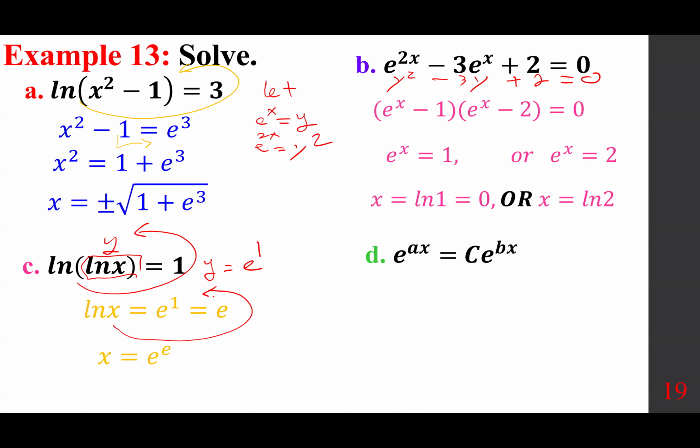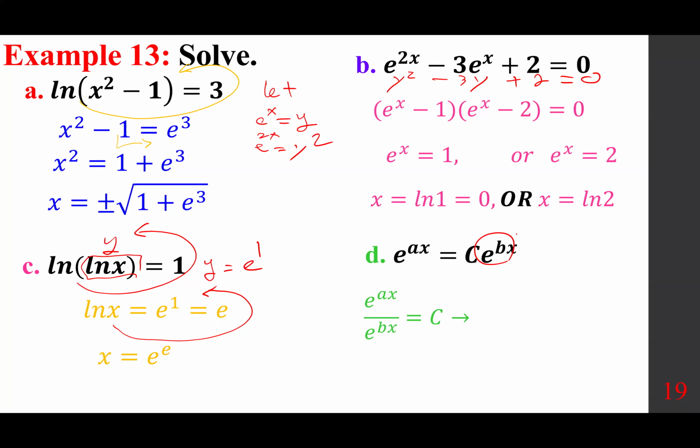e to the power of ax equals c times e to the power of bx. We are solving for x. So we are going to divide both sides by e to the power of bx, and we keep the c on the right.